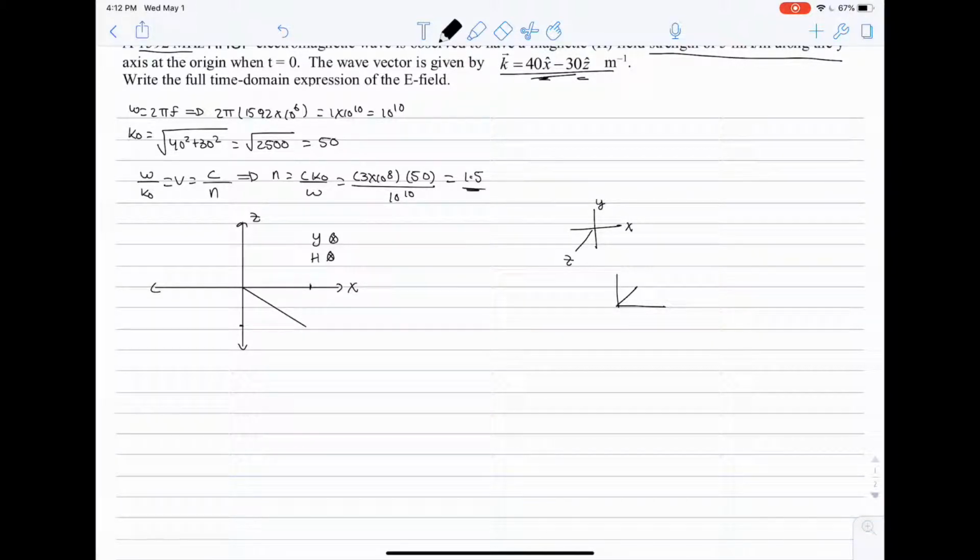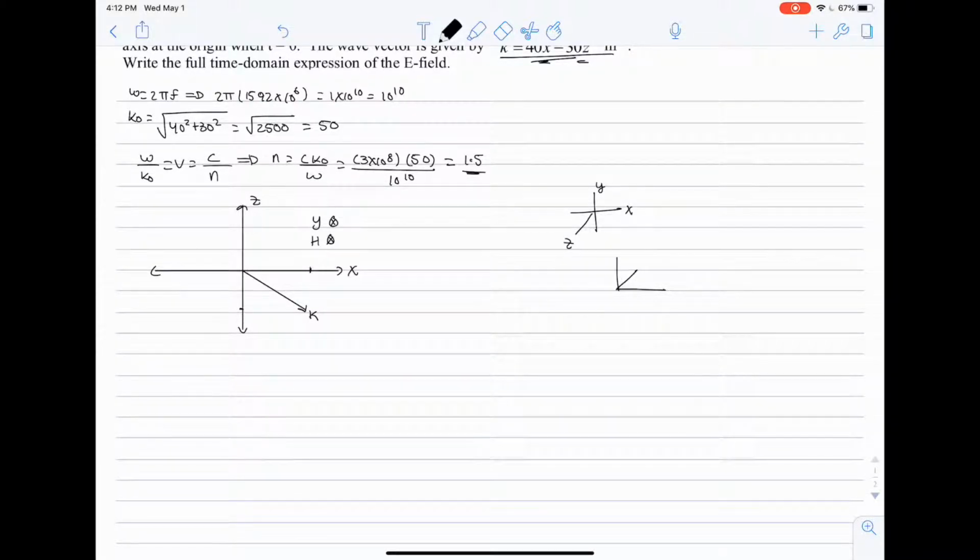So we draw this and say this is our k. The x component is 40, and the z component is 30, which is a 4:3 ratio.